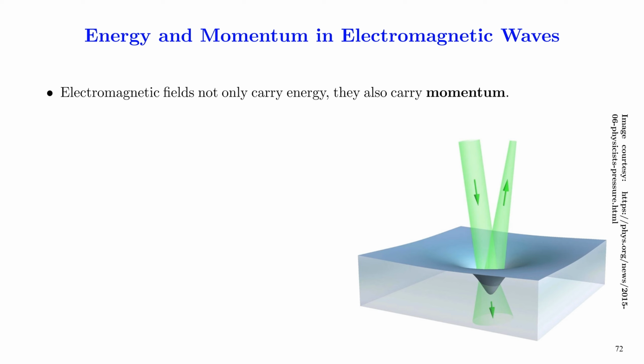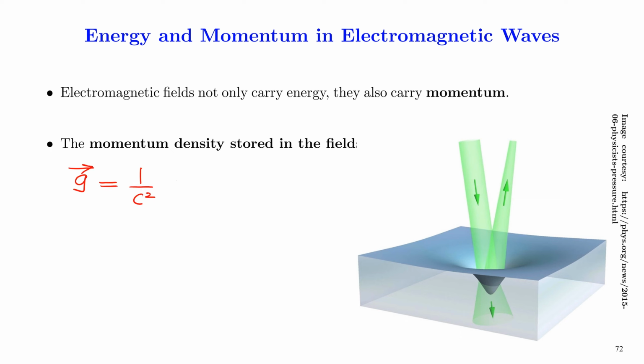The momentum carried by the electromagnetic fields gives rise to yet another phenomenon, which is known as the radiation pressure. That is, some kind of a force will be felt on the surface on which the electromagnetic fields are incident. We account for the momentum density stored in the field as G, which is equal to 1 over c squared times the Poynting vector.